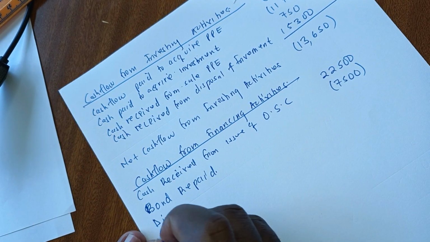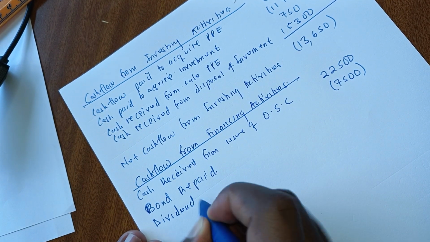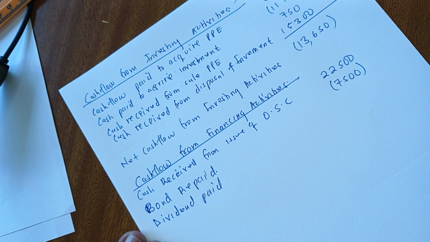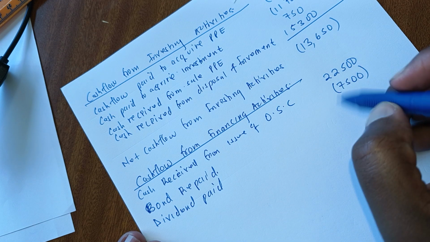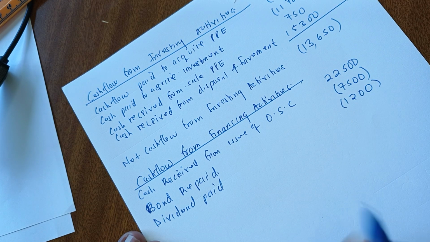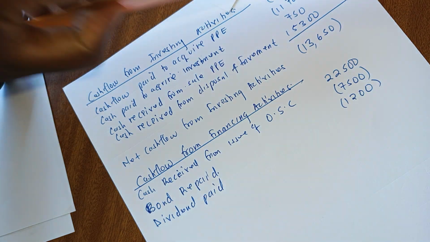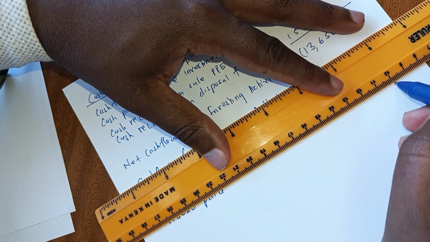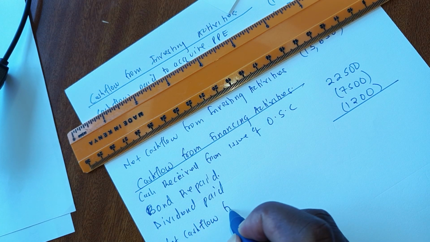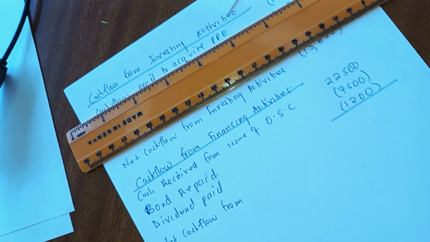And then there was dividend paid, which was 1,200. So from there we can get net cash flow from financing activities.